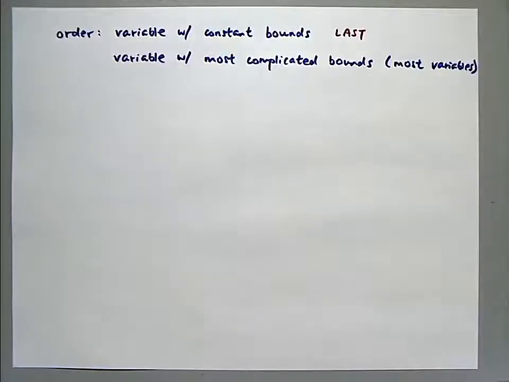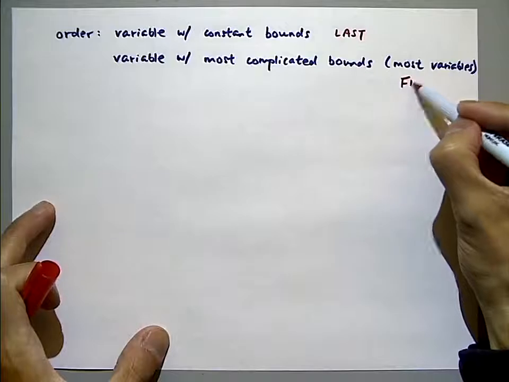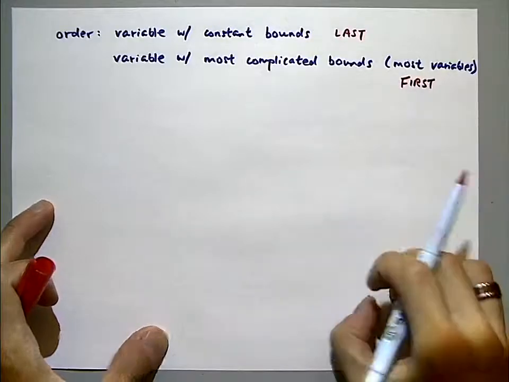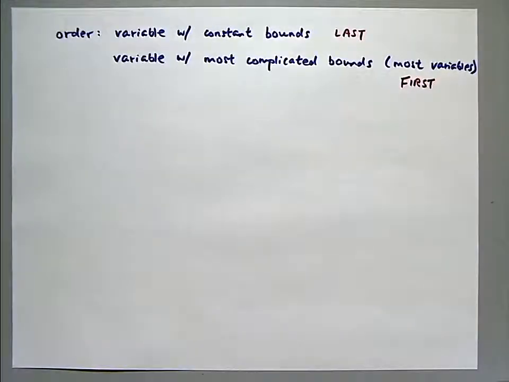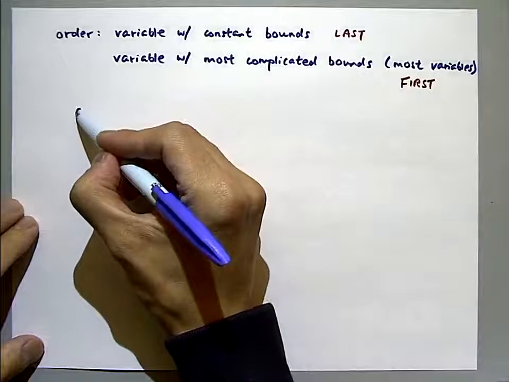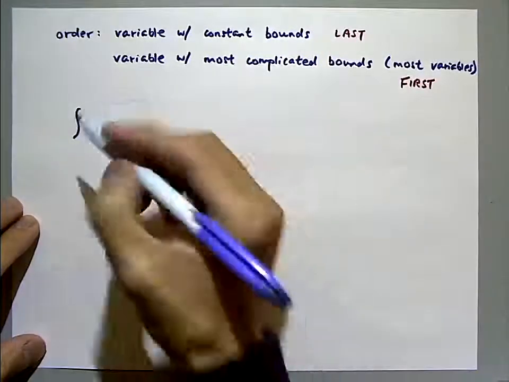So x doesn't contain any variable. y contains one variable. z contains two variables. And this one's going to have to happen first. And then the remaining one, of course, is going to happen in the middle. So for this one right here, the way we set this up, we're going to have to go z first, y next, and x very, very last. But when we write it, remember, the last one is the outside one.